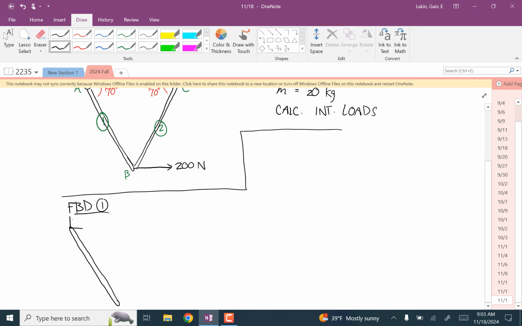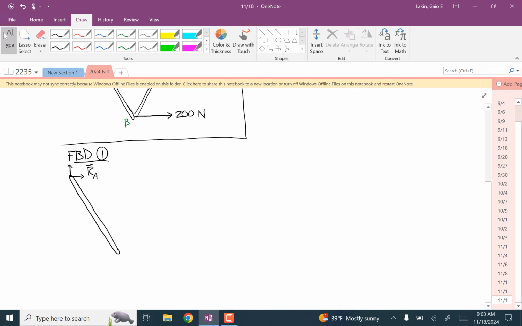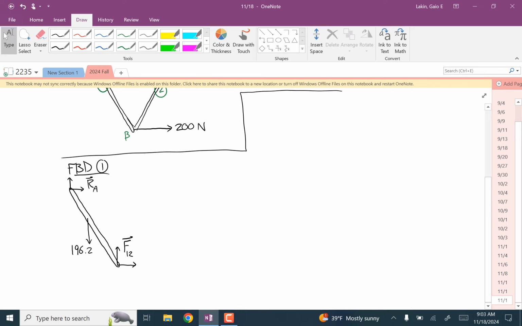We have RA up here. At the center, we have a weight of 196.2. Down here, we have the force on 1 by 2. And since the pin is part of member 1, we also have that 200 Newton force.